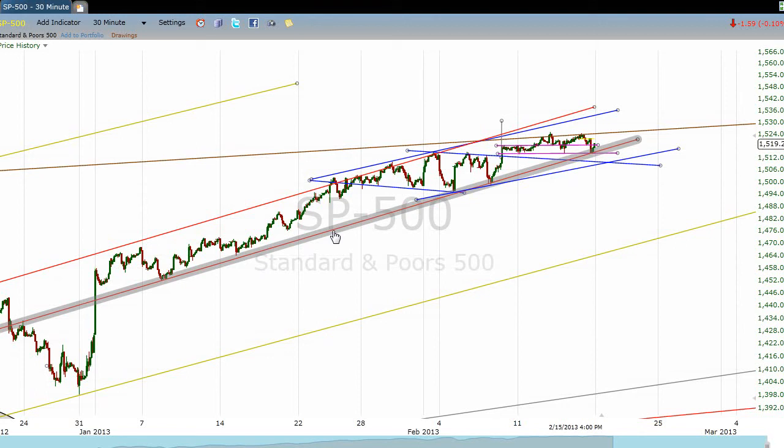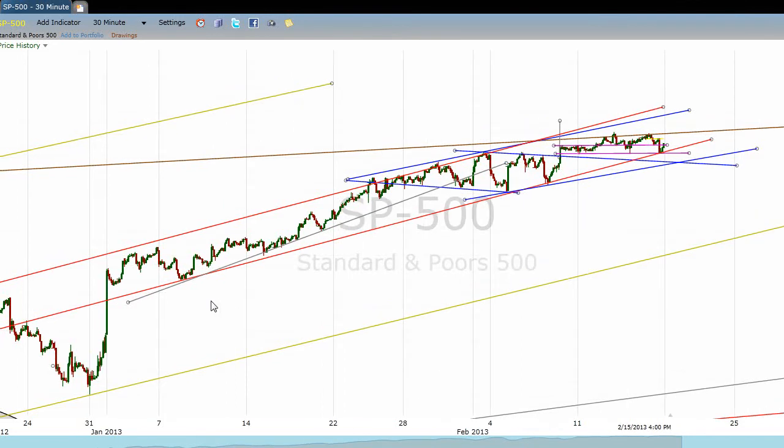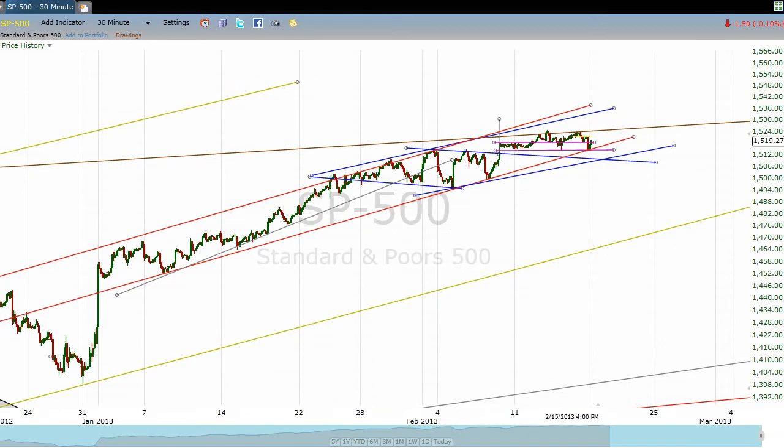You'll remember early on I had this line drawn differently because it looked as if this was what we were actually dealing with right here. And if that were the case, then we actually would have had a rising wedge.